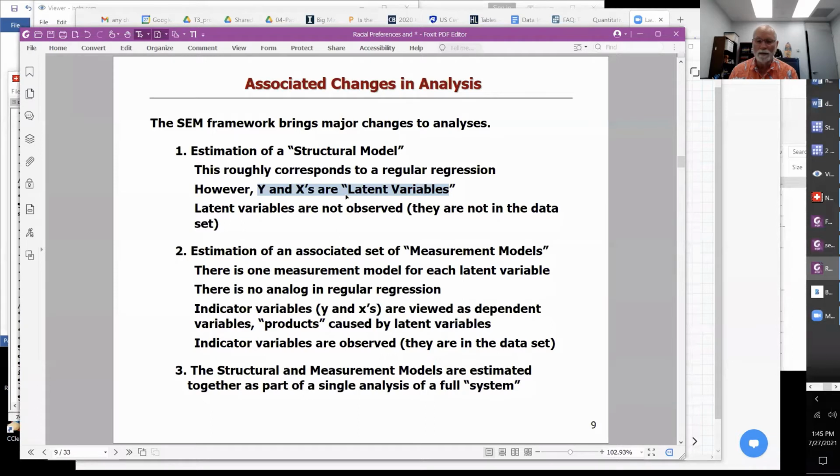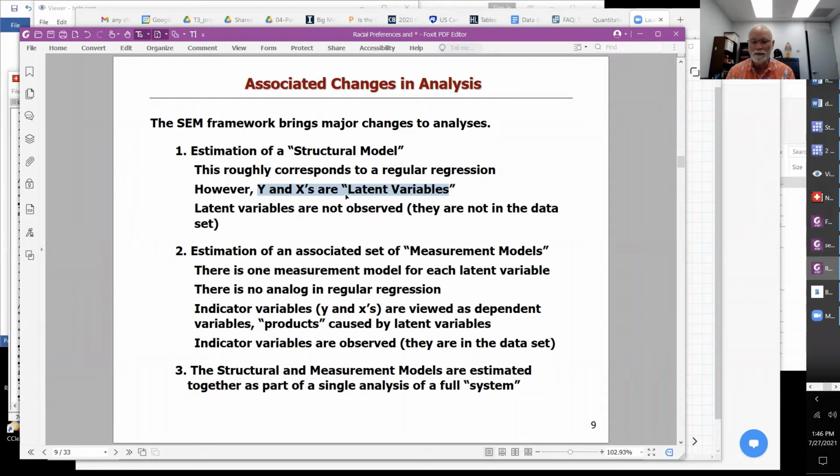And when we understand it that way, we always assume that the indicators are flawed. It's very implausible to suggest that the indicators are all perfect representations of the latent variable. So in SEM, structural equation modeling, we just assume this from the very beginning, and we never believe that the observed variables are pure.